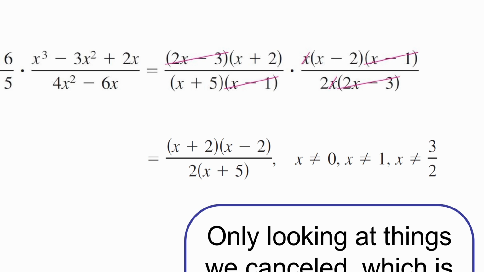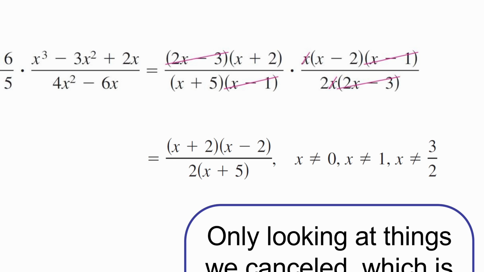And those cancel out. So x, setting it equal to 0, it can never be 0 because we canceled it out. Also, we canceled out the x minus 1. And x minus 1 used to be in the denominator, and so it was canceled out.